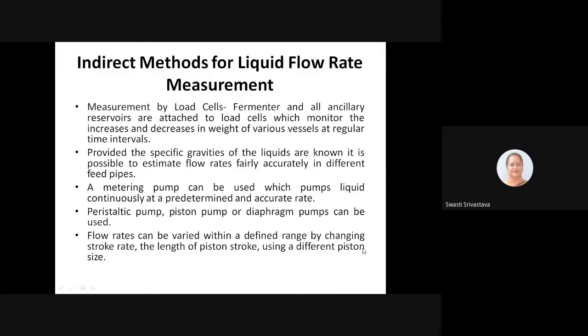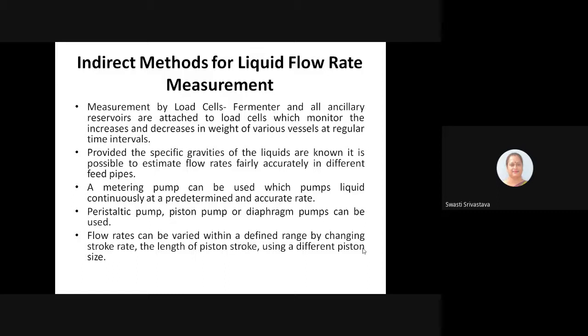The sizes available range from centimeter cube per hour to thousands of decimeter cube per hour, and all can be operated at relatively high working pressures. But the drawback is that they cannot be used to pump fibrous or particulate suspensions.